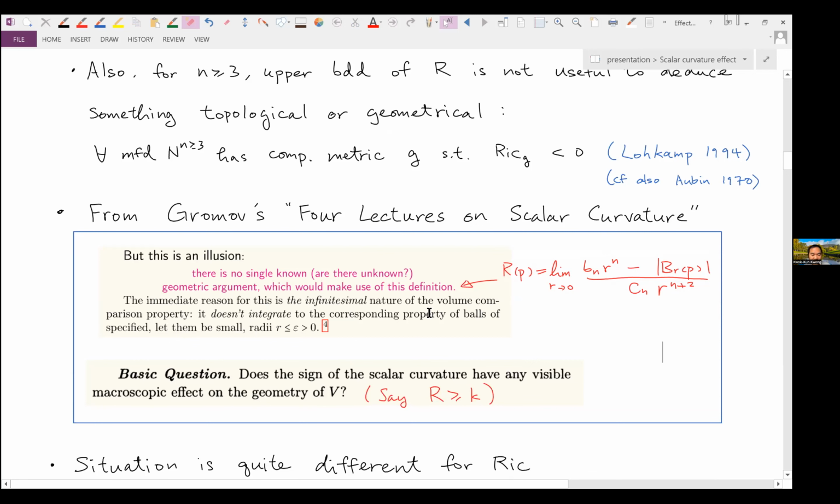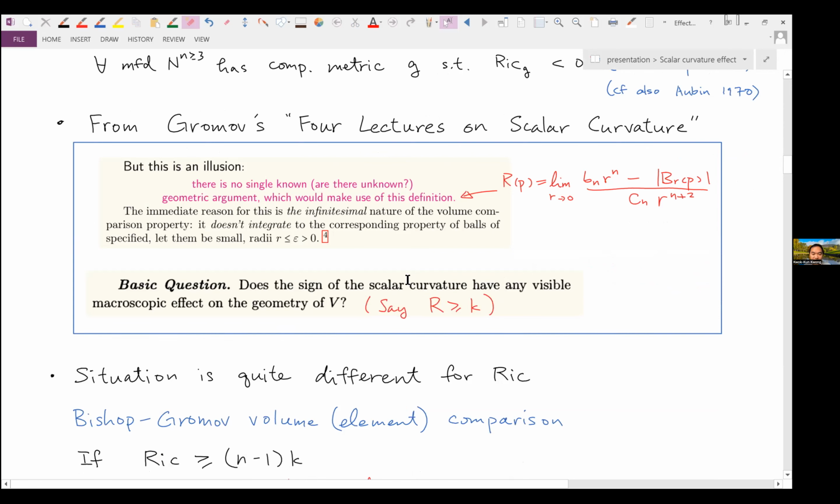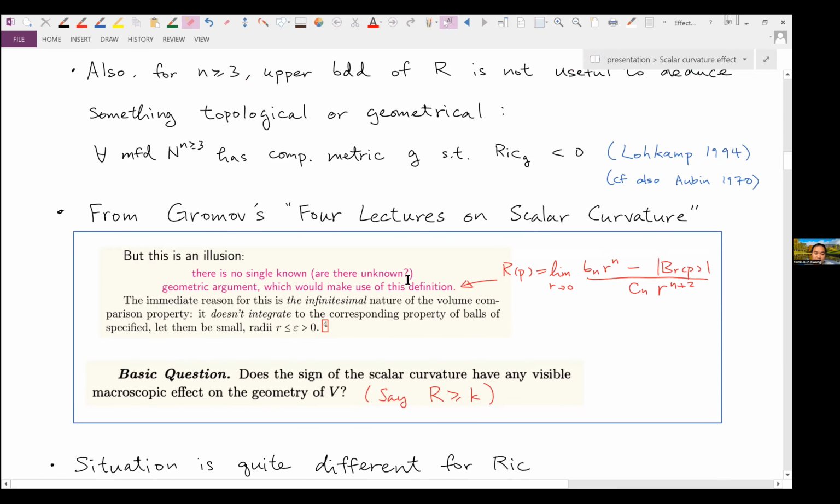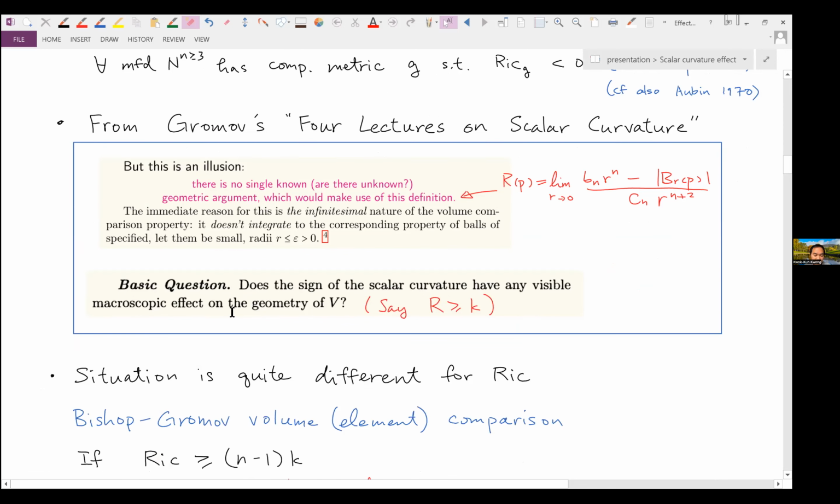So in his opinion, we can't really integrate the infinitesimal nature of the volume comparison. All right, and then he follows up with a basic question: does the sign of the scalar curvature have any visible macroscopic, so let me emphasize the word macroscopic, we want something on a large scale on the geometry of the manifold.